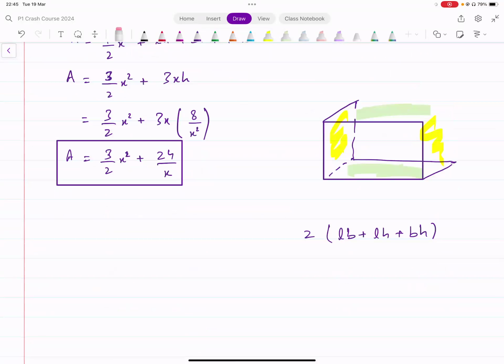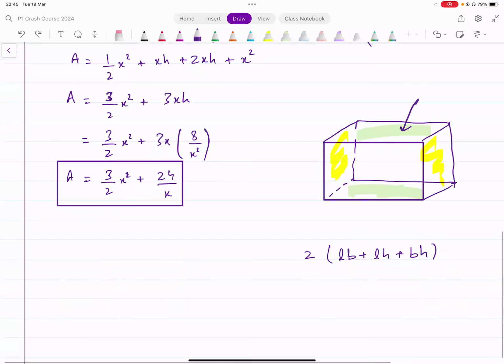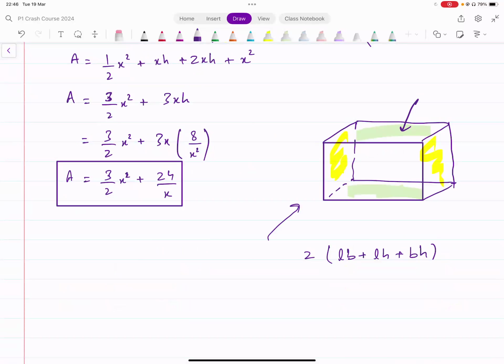I generally do not recommend using formulas for either perimeter of 2D shapes or surface area of 3D shapes. It's mostly easier and safer to just find the individual areas of all the faces that you have and then add them up together, because often the shapes that you get are not very standard.